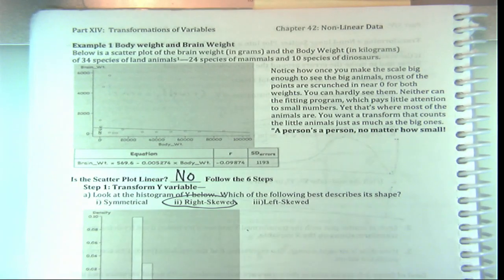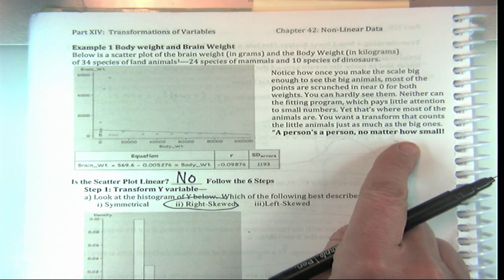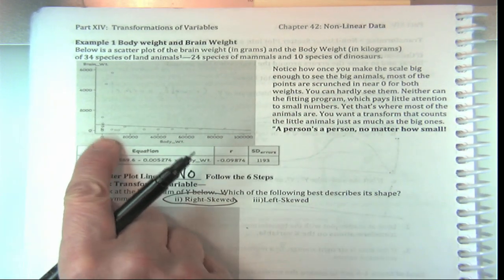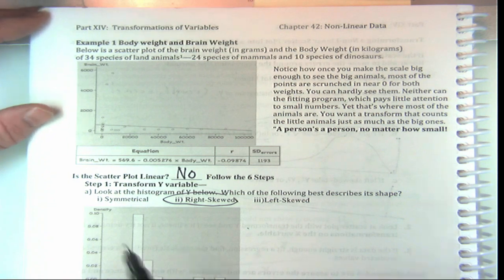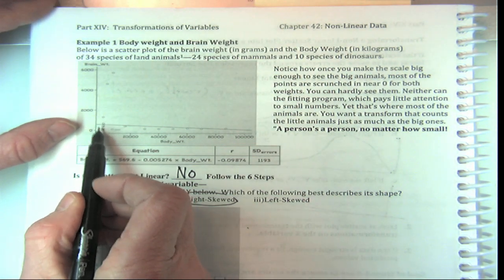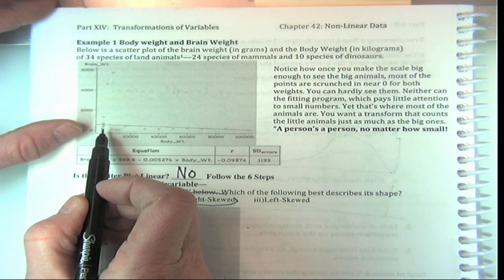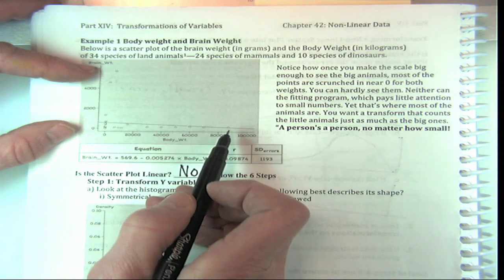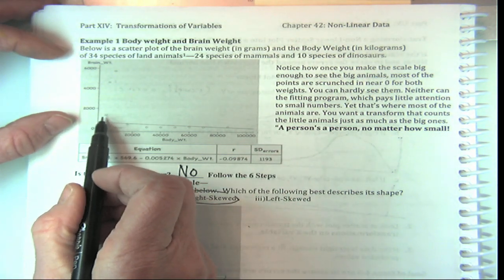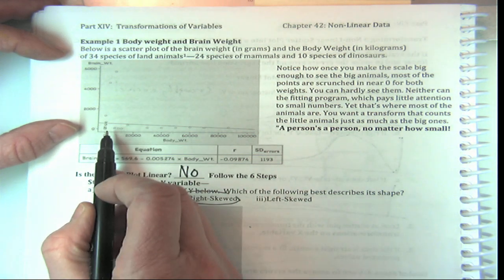But first, I just have to go back here, just because it reminds me of something, both with income and with data here, that these little animals down here, we want them to count as much as all the other animals. We want each animal to count equally, and we can't even see these.